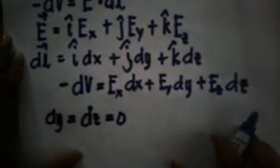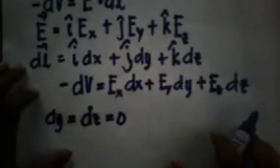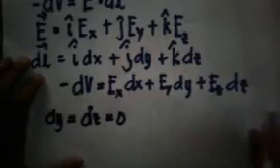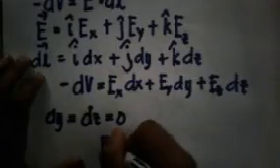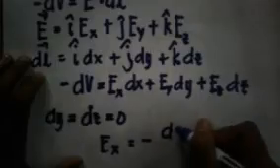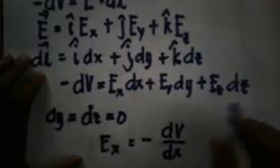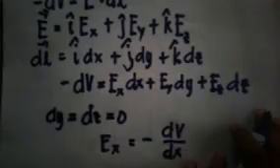Then negative dV equals E sub x dx, so E sub x is equal to the negative of dV over dx, where the subscript reminds us that only x varies in the derivative.